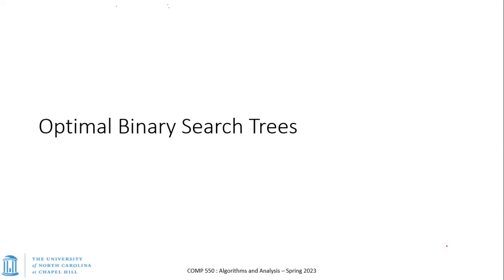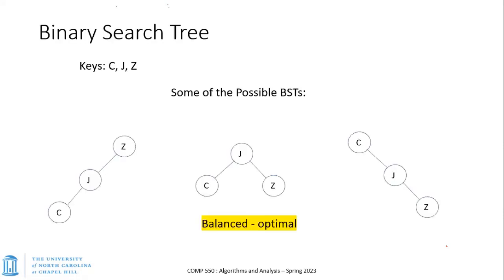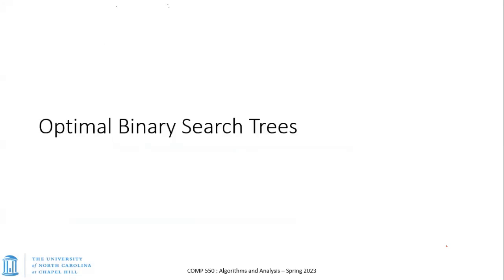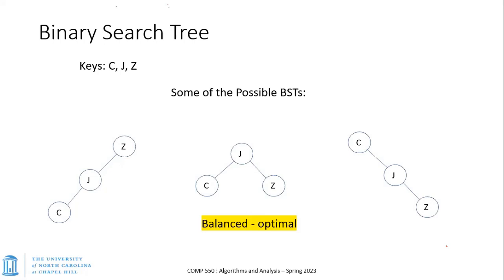And then, of course, be able to use the optimal substructure to write down a recursive equation and then do memoization. So, what is the optimal binary search tree? Let's remind ourselves what a binary search tree is. I hope everybody remembers that.